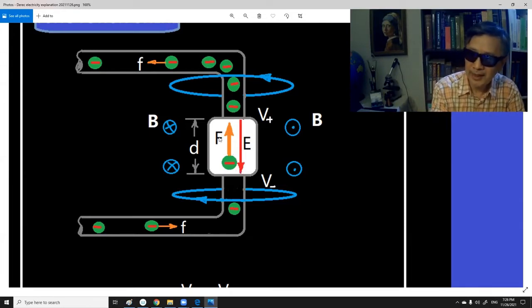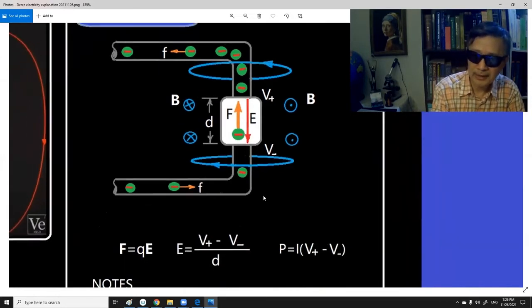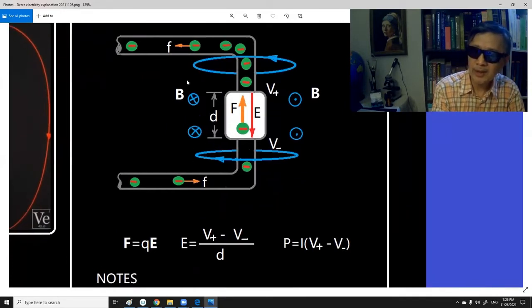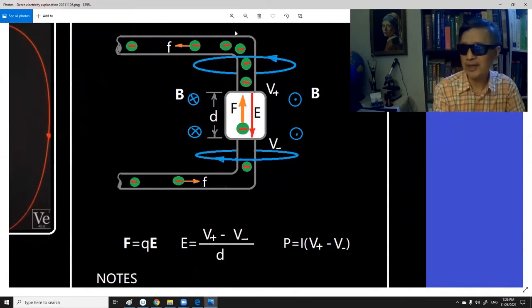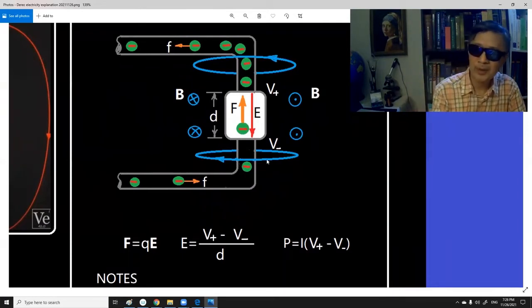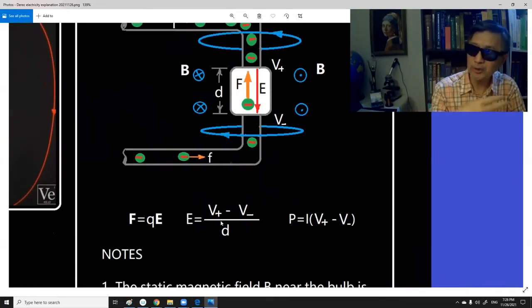This force, Fe, is determined by the product of Q and the electrical field strength. And by the way, if these wires are good conductors, the potential difference between these two terminals of the resistor should be very close to the voltage of the battery.